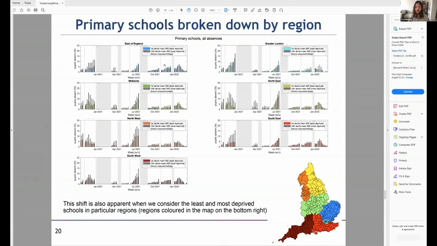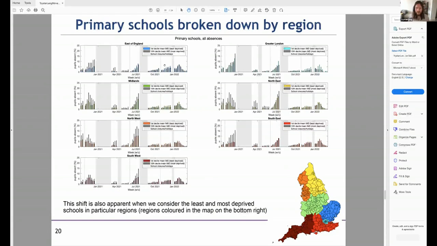If, for example, deprivation is focused in particular regions, maybe we're seeing trends on a regional level that are just presenting as if they're from deprivation. So here I've broken down England into 7 regions that are illustrated in the bottom right corner and looked at the least deprived and most deprived schools within that region.